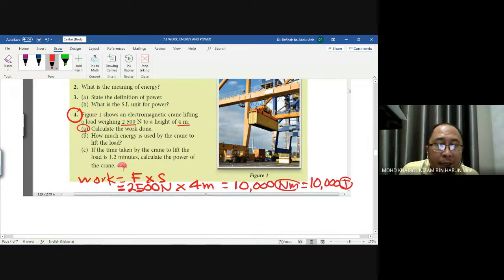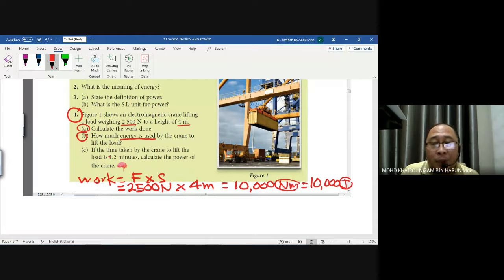Okay, B. How much energy is used by the crane to lift the load? So how to answer this one? As explained previously, energy is the ability to do work.